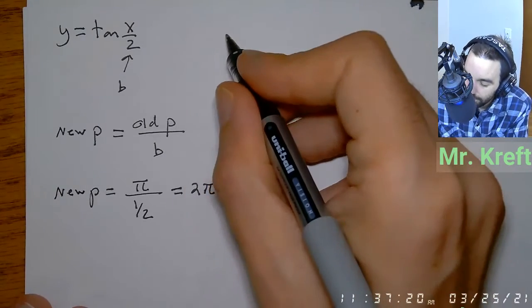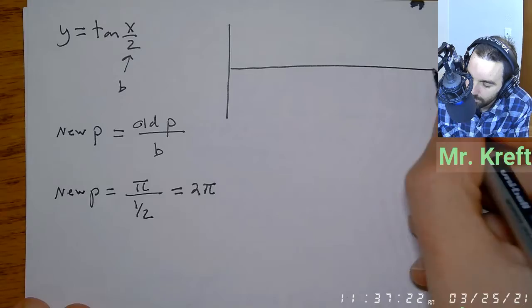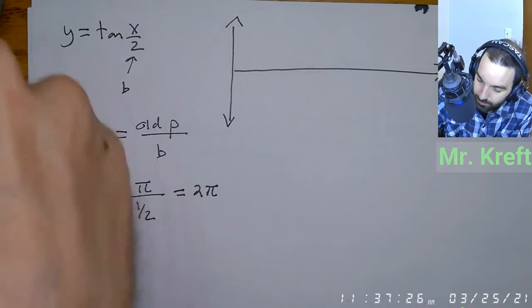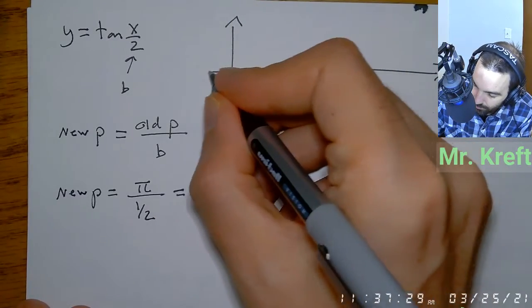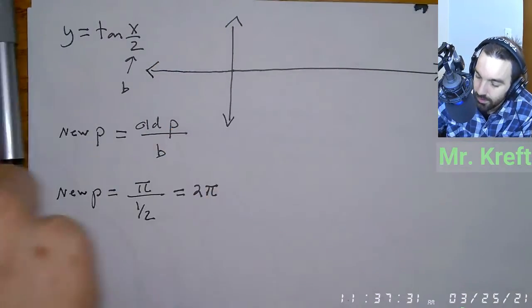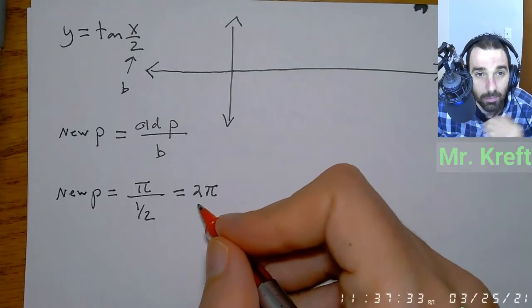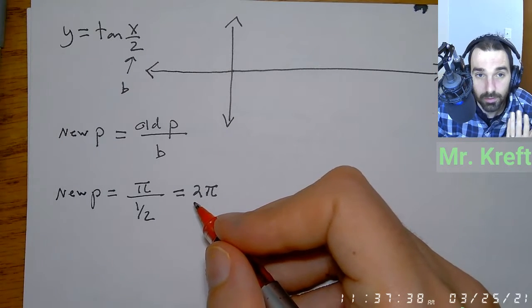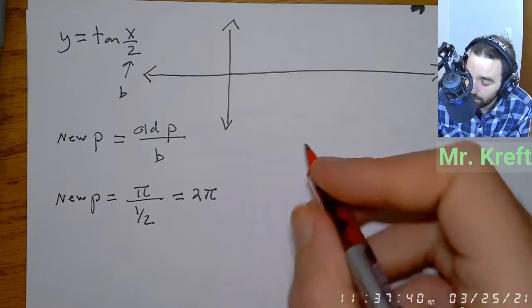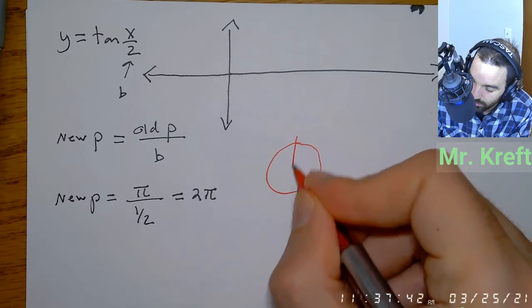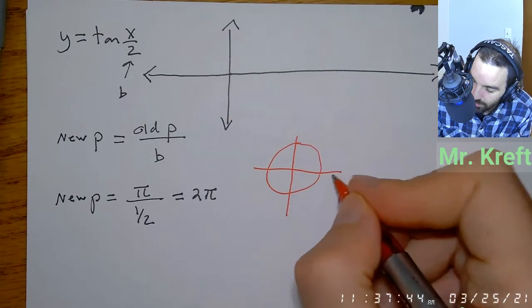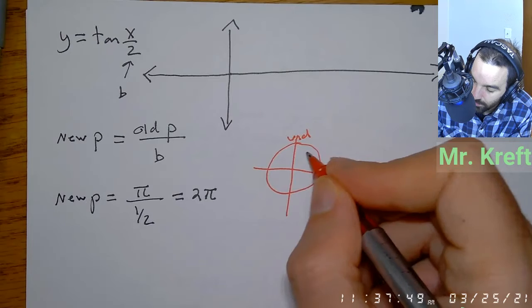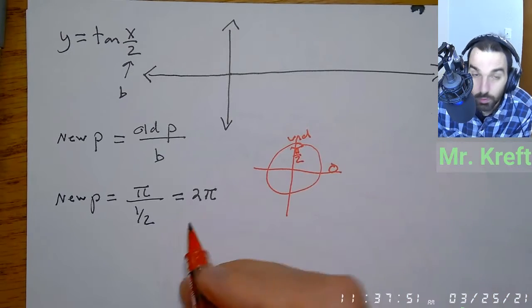Okay. So when I go to graph this, what's going to change? My period is doubling. Normally I start out at 0 and then I go undefined, so normally I'm undefined at pi over 2.